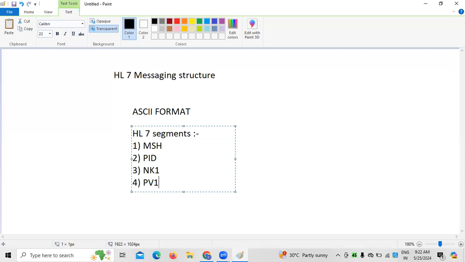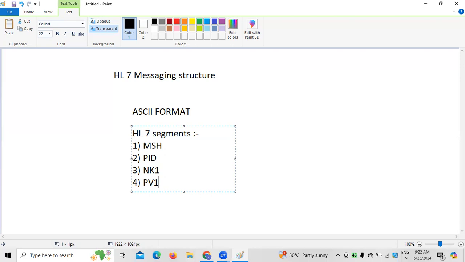All these things come under the HL7 segments. So these are the segmentations used when we send any messaging between and among different healthcare systems. This is how we generally do the segmentation.